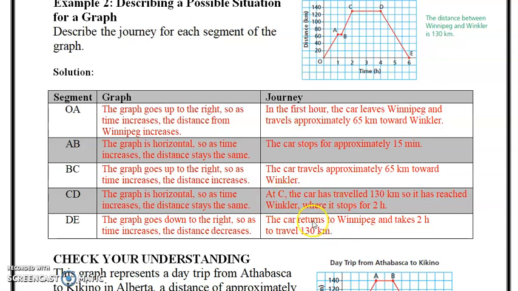So you're a step ahead. For those of you that have not gotten there yet, that's fine. The car travels and returns to Winnipeg, because O is the origin. That's Winnipeg. 130 is the distance, because it tells us the distance between Winnipeg and Winkler is 130. So there we have it. And then a completely straight drive home with no stops whatsoever.